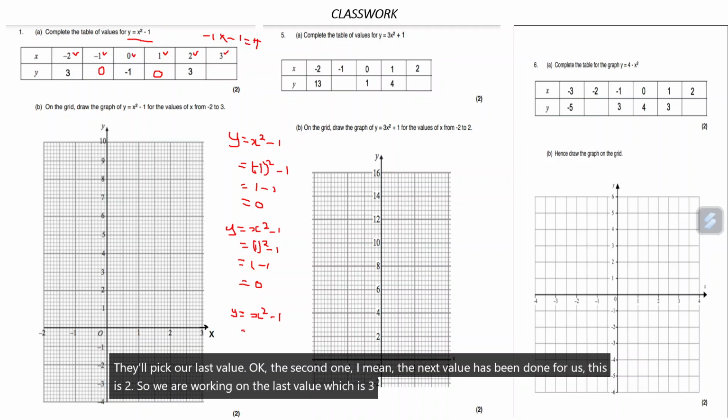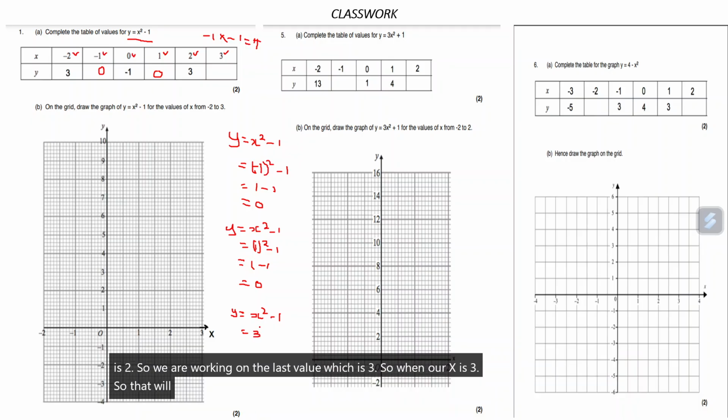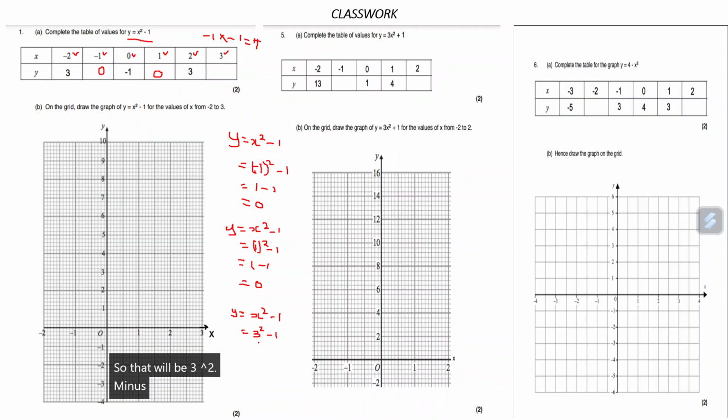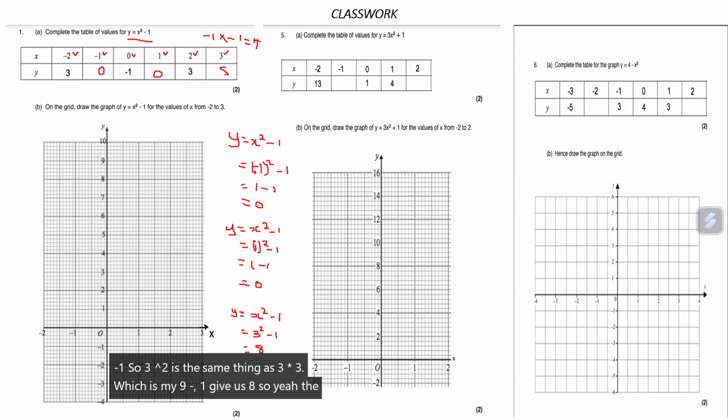So when our x is 3, that will be 3 squared minus 1. 3 squared is the same thing as 3 times 3, which is 9. 9 minus 1 will give us 8. So when x is 3, our y value is 8.